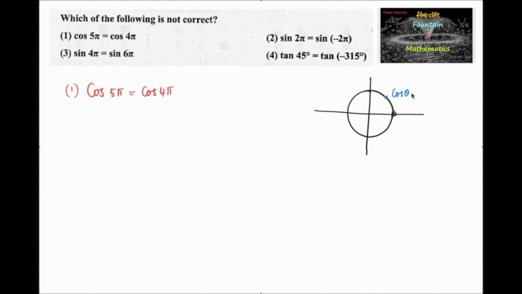Which of the following is not correct? First option, cos 5 pi is equal to cos 4 pi. If you look at the unit circle diagram, the x coordinate can be taken as cos theta and the y coordinate can be taken as sin theta.